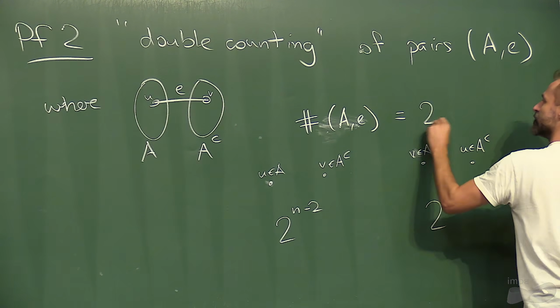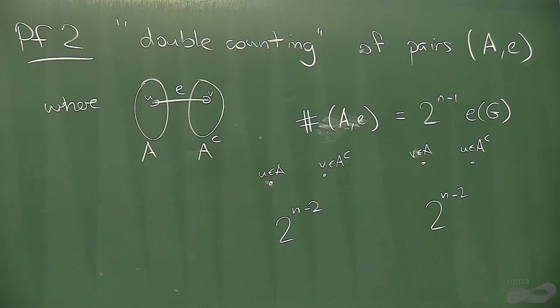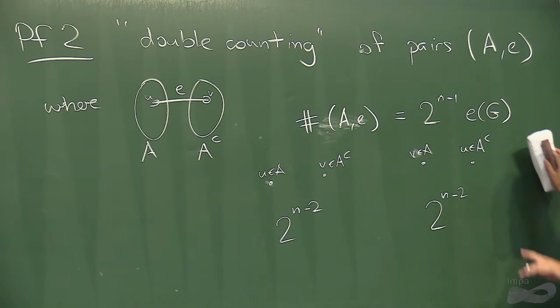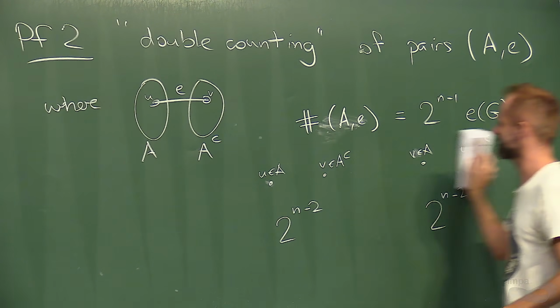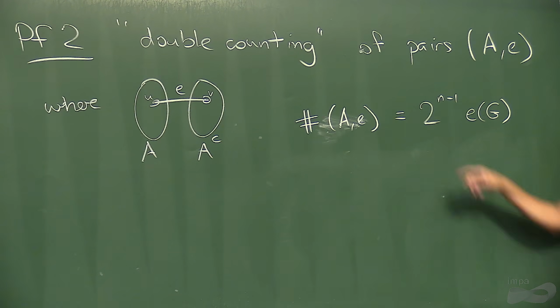So it's 2 to the n minus 1 times the number of edges of G. For every edge of G, there are 2 to the n minus 1 choices of A such that the edge goes between the two sets. Does it make sense? Okay. That was counting the edge first.